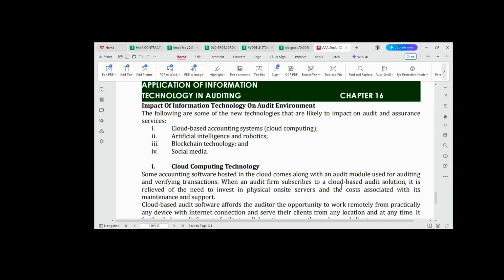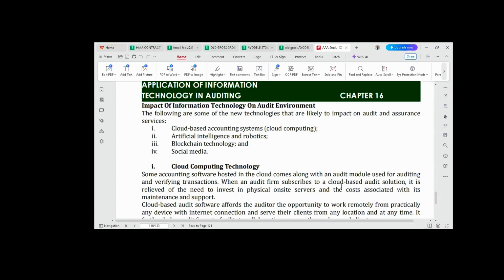You must always be at your desk. That's one of the disadvantages, or one of the things that led to the innovation of cloud-based computing. So what we mean by this is that rather than having your server on premise, you have your server stored in the cloud.